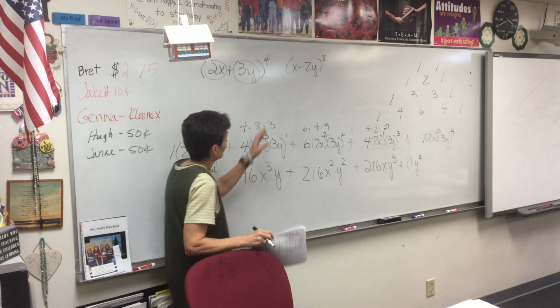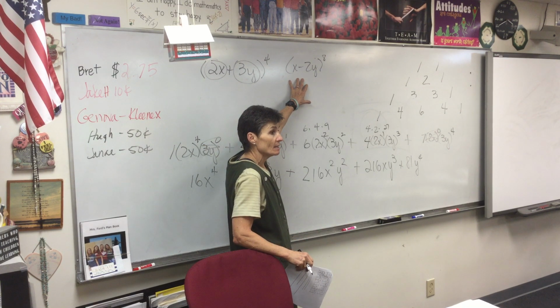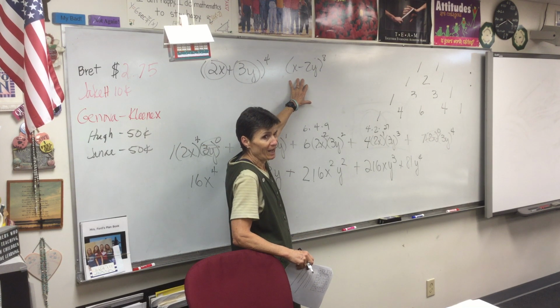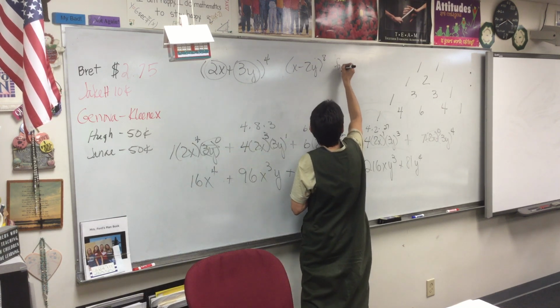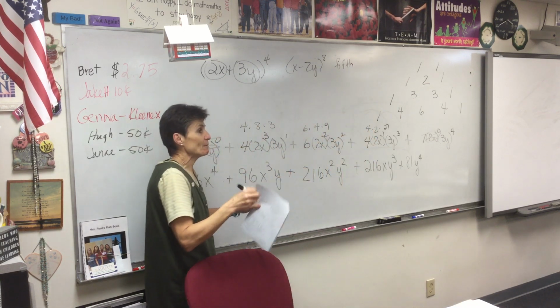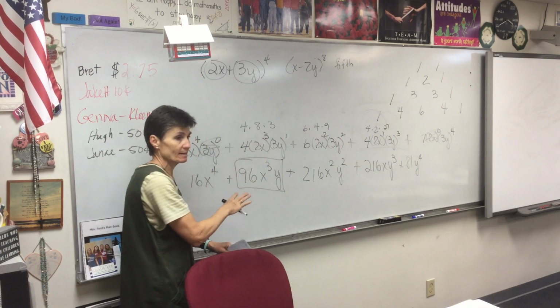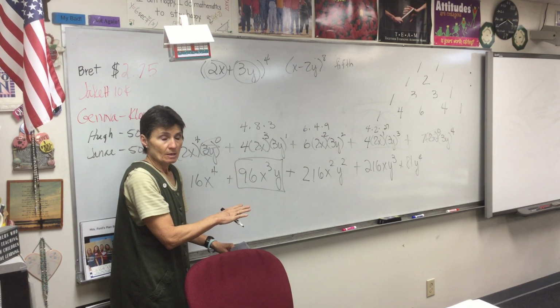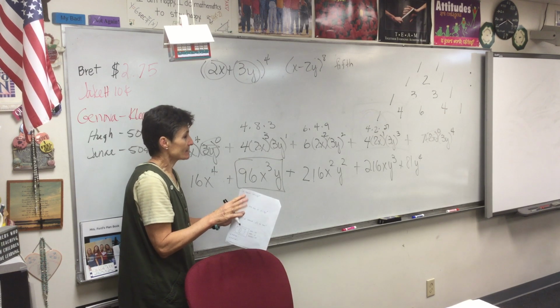Now, the next problem, we are raising this to the 8th power. Oh my gosh. But luckily, we only want one term. So we want the 5th term. So when we say we want the 5th term, it's like saying we only want one of these. So the easy part is, well, I guess it's not so easy.